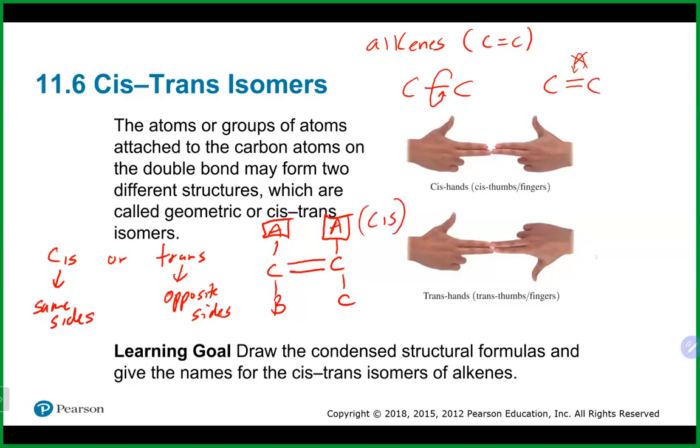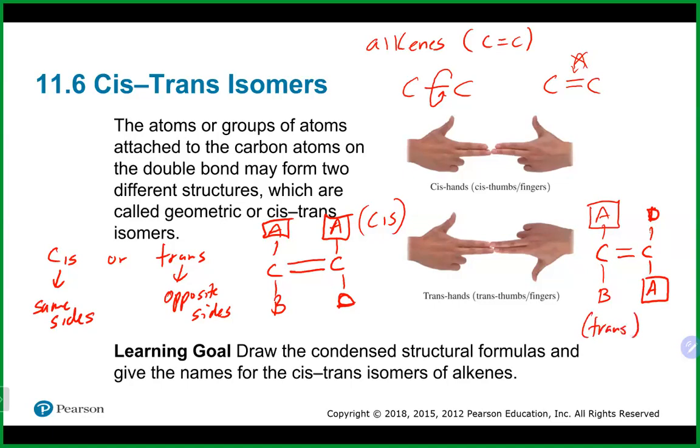We could also have the double bond where perhaps the groups are on opposite sides of the double bond. I guess I'll use a different letter. I'll use D, and B here, I think. So our A's are on opposite sides, and that would be our trans isomer.